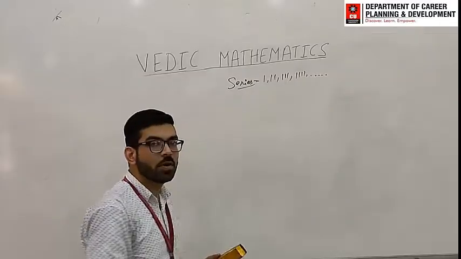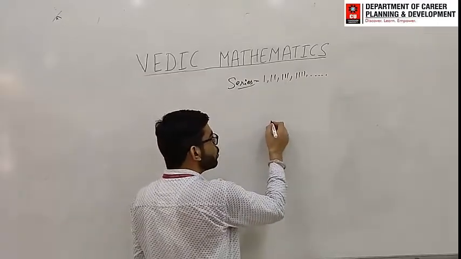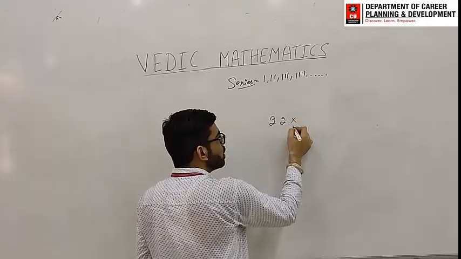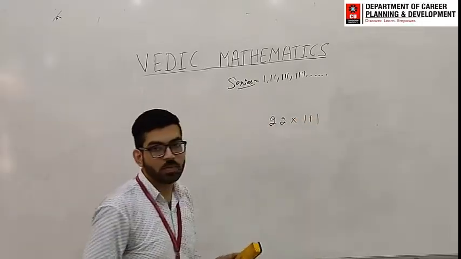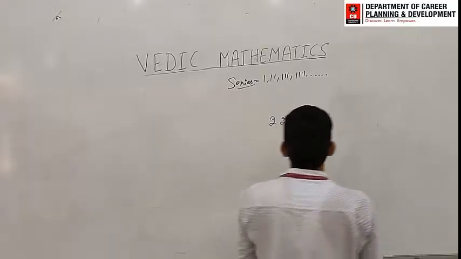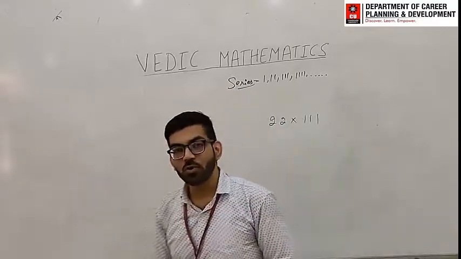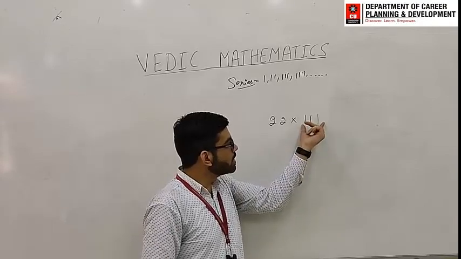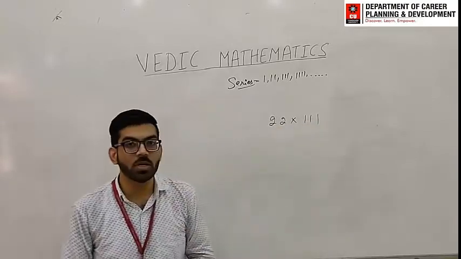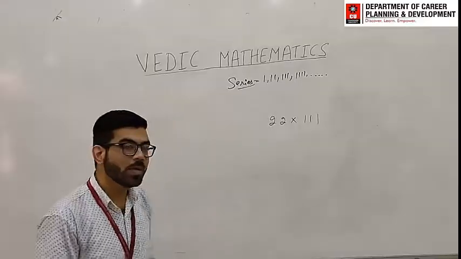But one more thing is possible. Here could be 22 multiplied by 111, a 3-digit number. So in that case, what do we have to do? Now we cannot apply the trick directly because the number of ones is 3 and this one is a 2-digit number. So just think what we can do here.